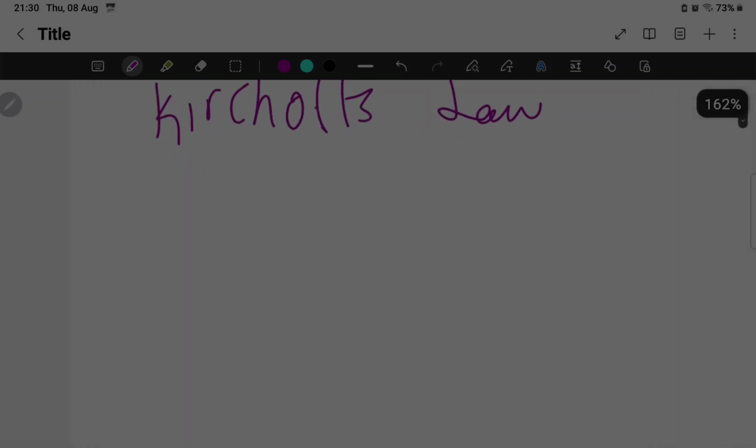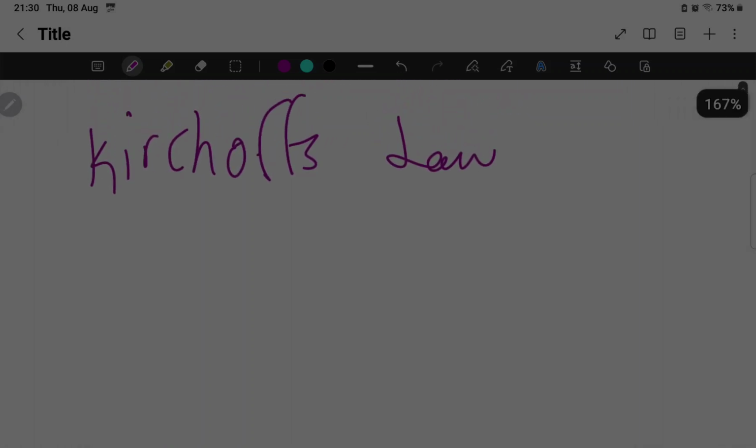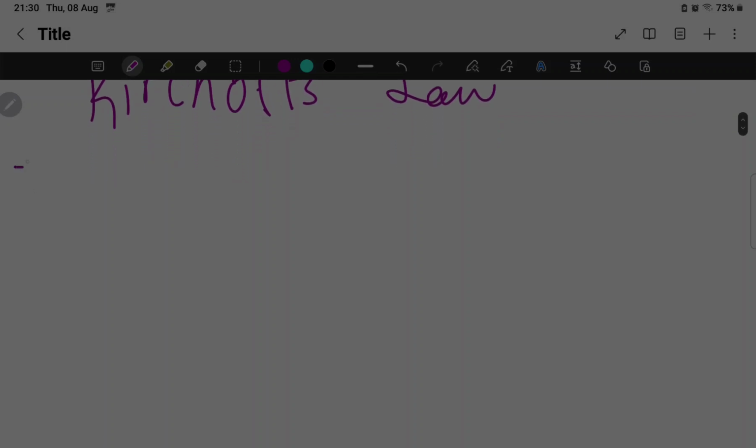Before we start with Kirchhoff's law, let me just write it here. Kirchhoff's law. Basically, it's an algebraic sum of the current flowing towards a point.